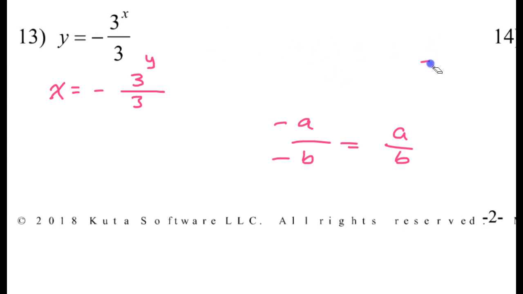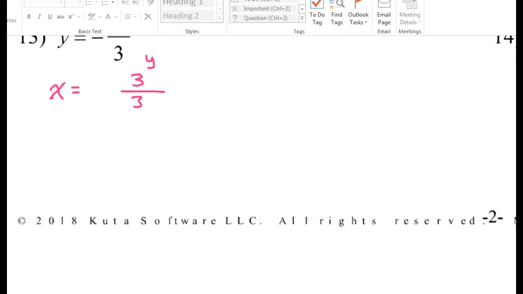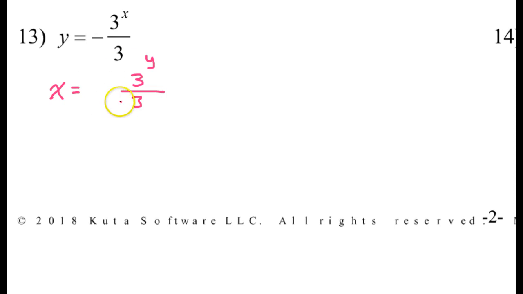Anyway, I'm mentioning that because I want to put the negative on the bottom, because I think that will just make it easier to see. It'll make it more efficient.